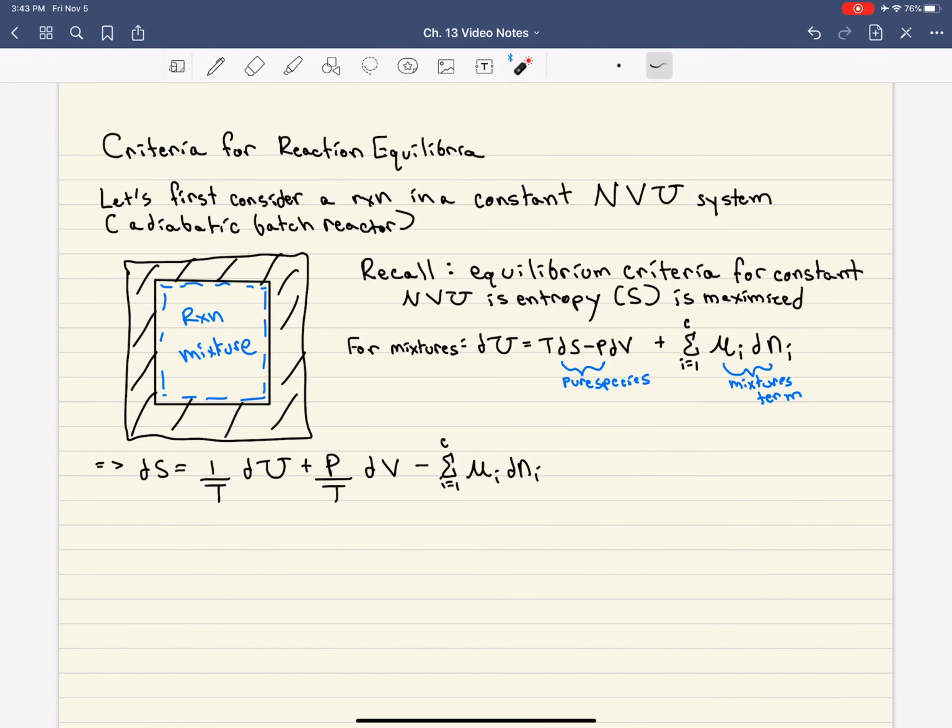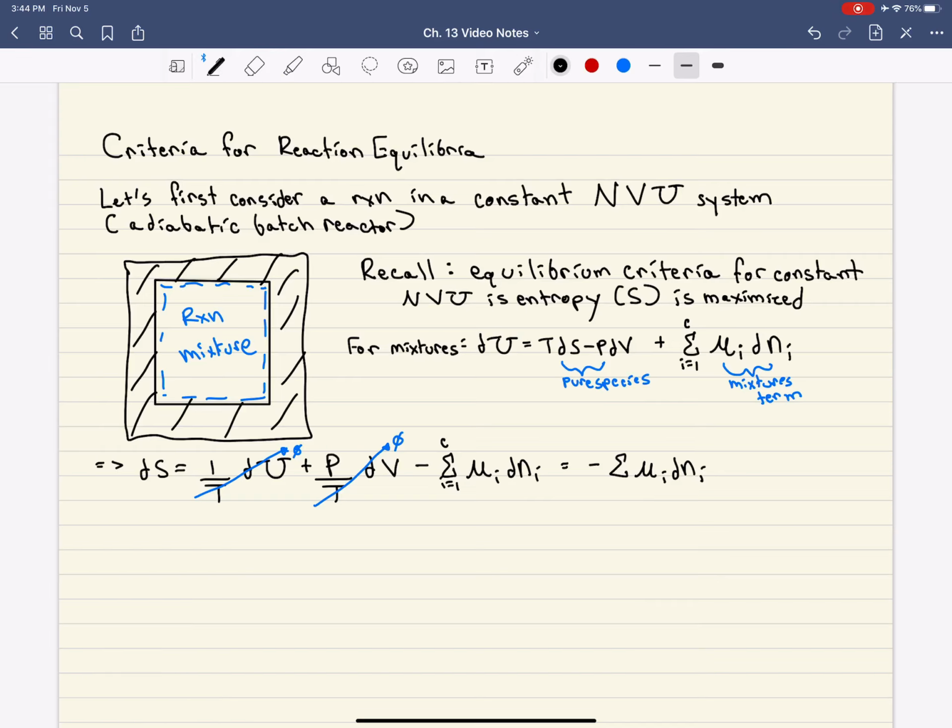Now, we're looking at a constant NVU system, so that means that the dU term is 0, and also the dV term is 0. So all we're left with is negative mu i dNi. Okay? And so this is our equation for now.